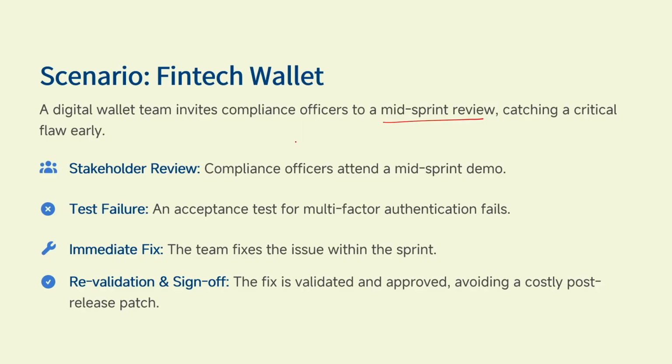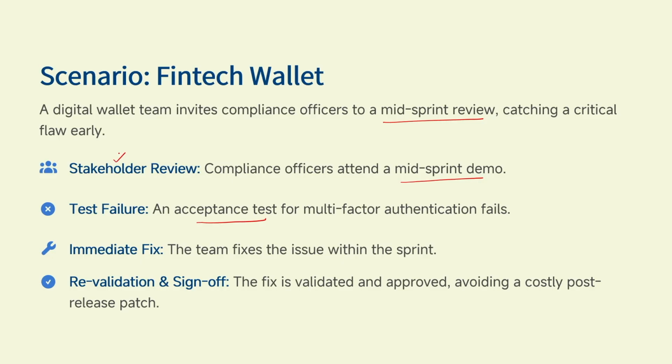Okay, so this compliance officer could be a stakeholder, any stakeholder with respect to that project. So they'll attend the sprint demo and they'll do all the acceptance test. So who normally does your acceptance test? It is your customer. So probably the stakeholder is going to be your customer.